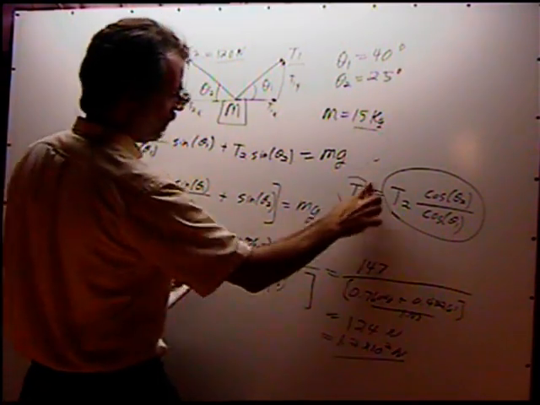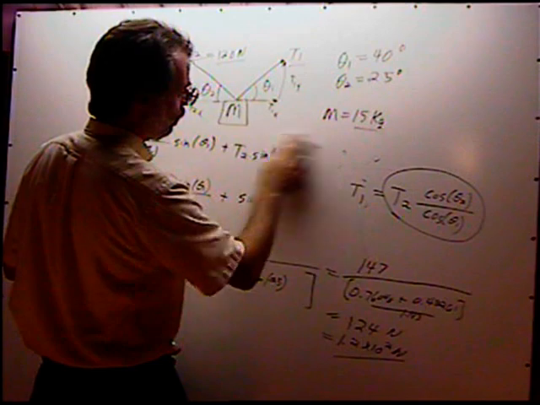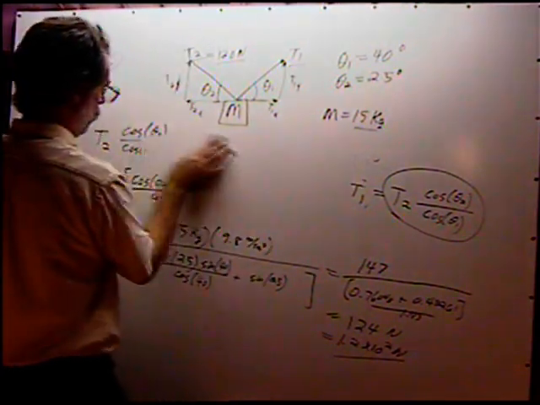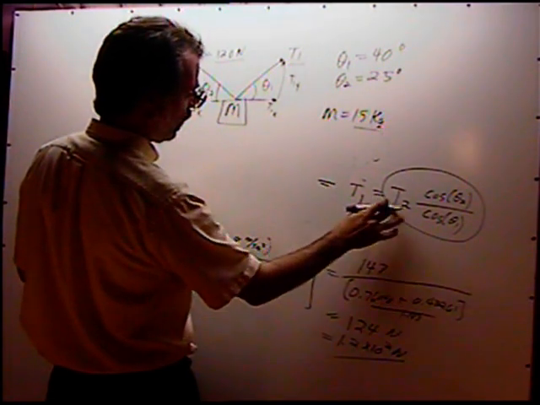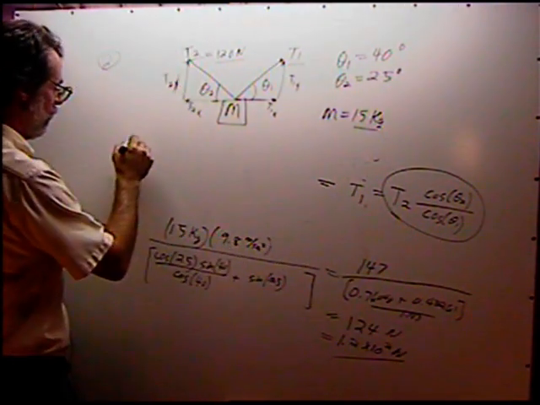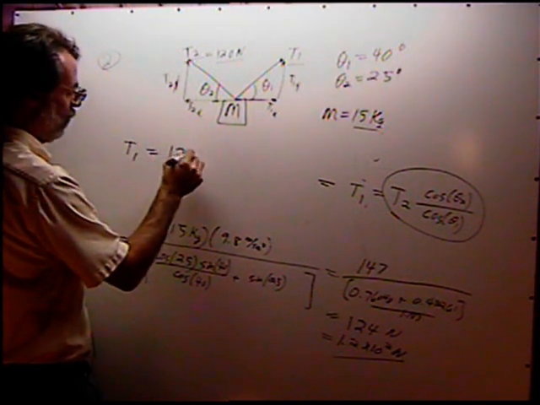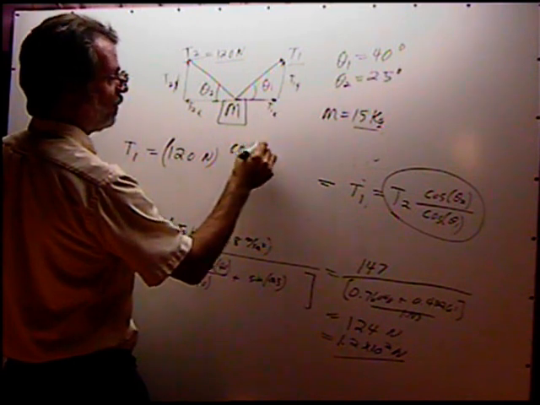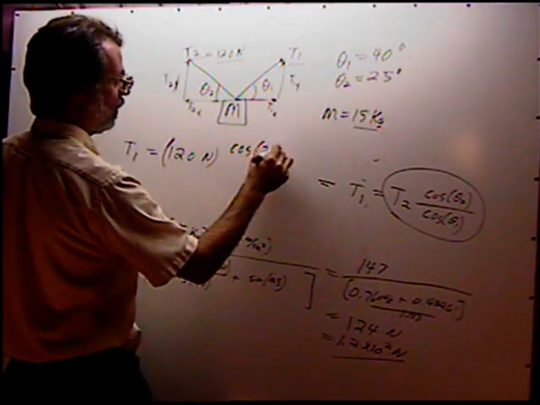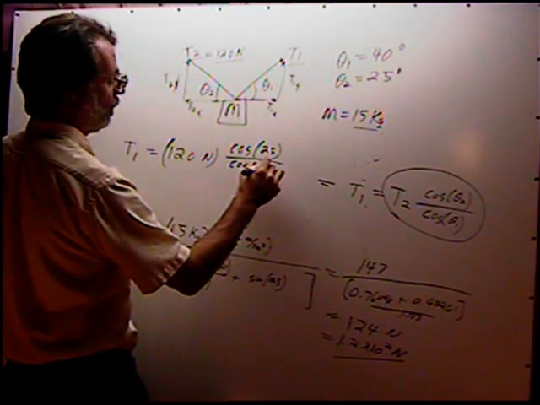If I go back to this equation here, I can solve for T1. T1 equals T2, 120 newtons, times cosine of 25 divided by the cosine of 40.